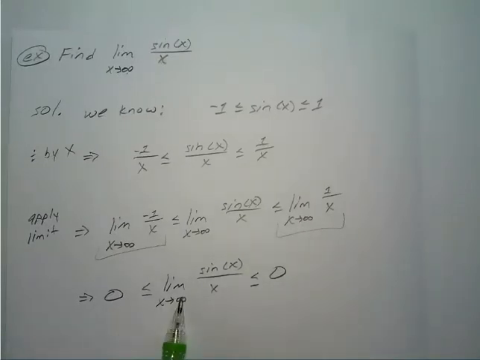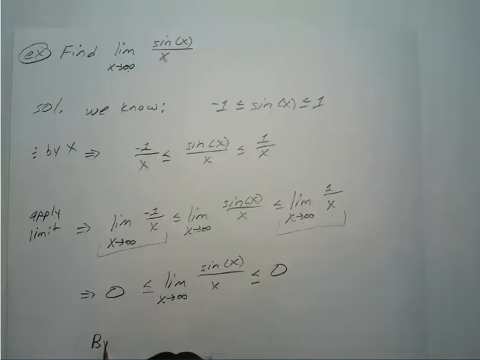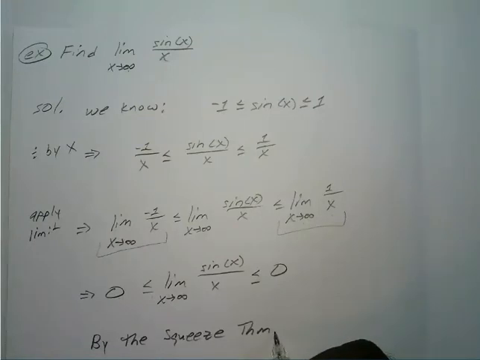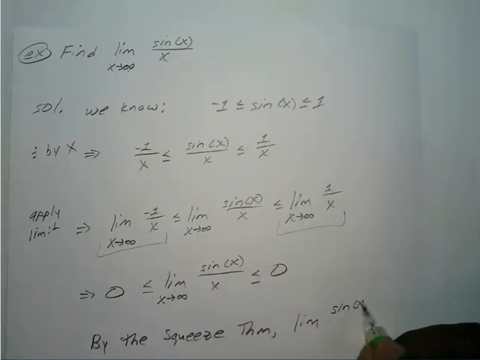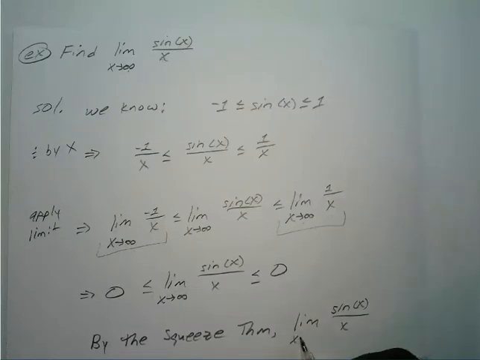If the limit is greater than or equal to 0 and less than or equal to 0, the only thing it could mean is this limit is equal to 0. So by the squeeze theorem, the limit of sine of x over x as x approaches infinity is equal to 0.